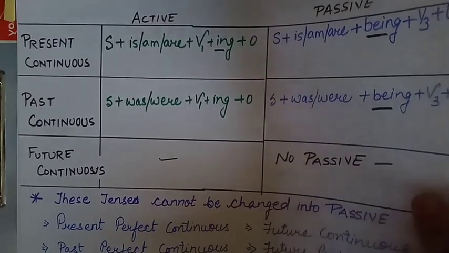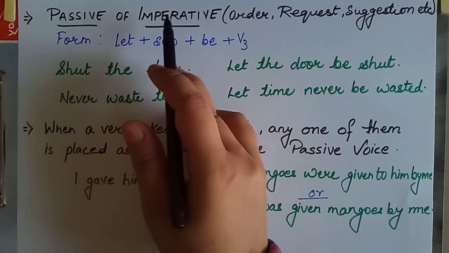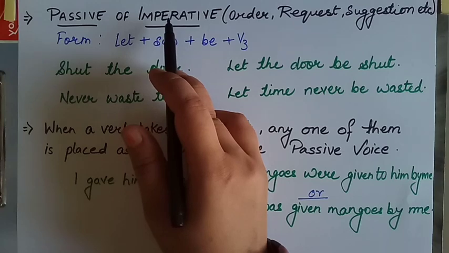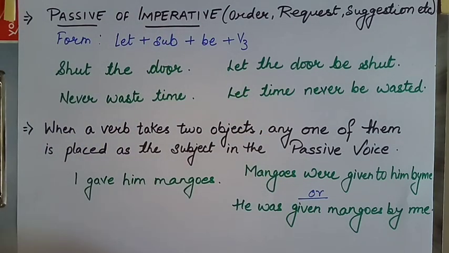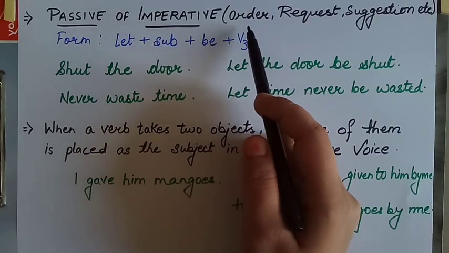Now, after this, there are a few points I want to share before ending this video. First, how to change active to passive when we have imperative sentences. Again, I hope you all remember what imperative sentences are.